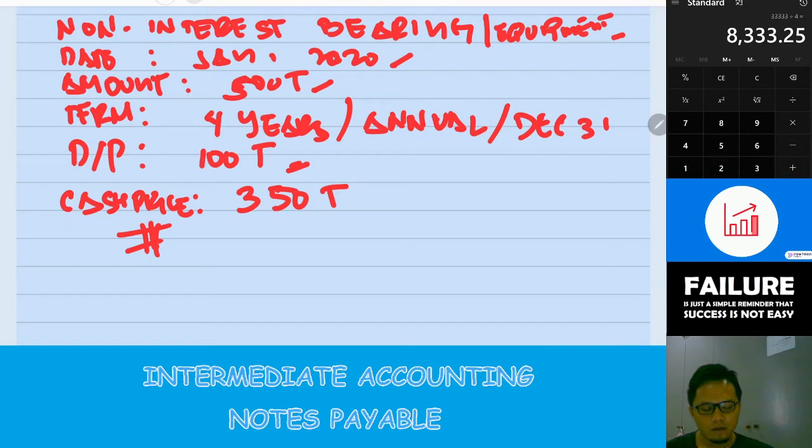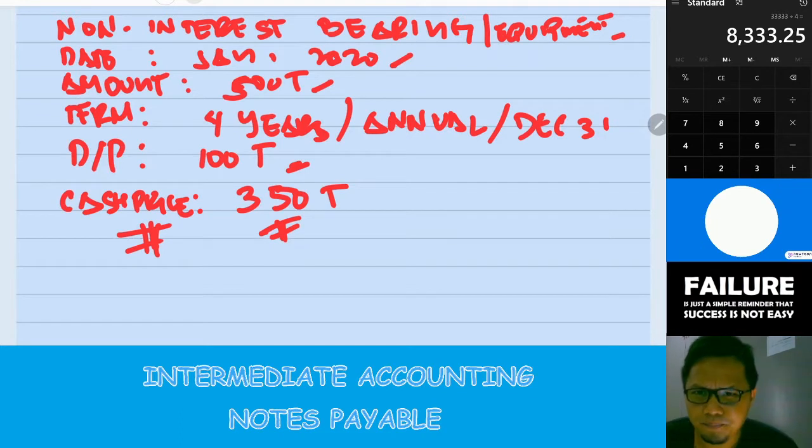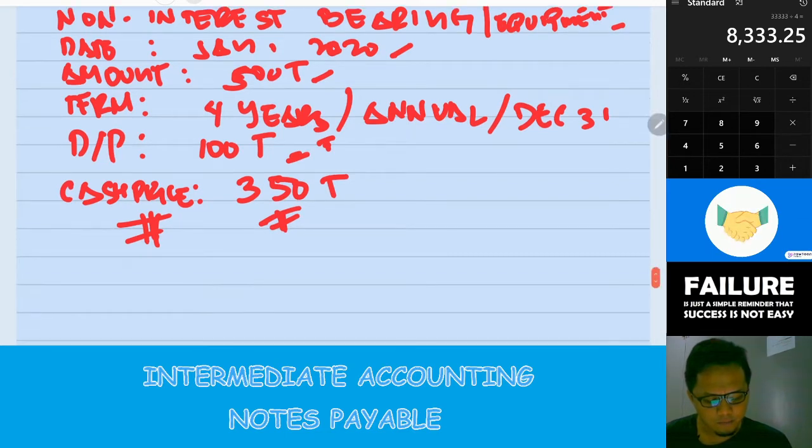Next, the cash price is 350,000. The term is 4 years, the notes payable to be paid annually every December 31, or at the end of the year.